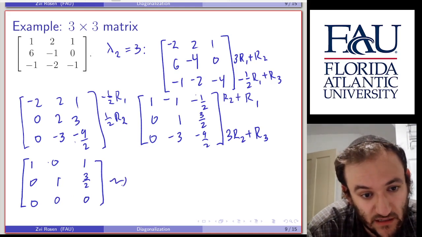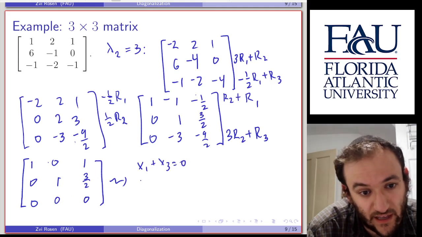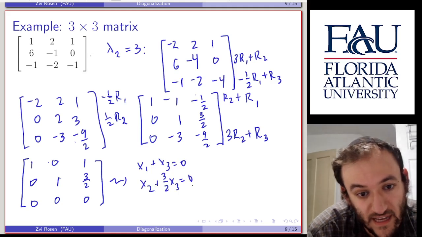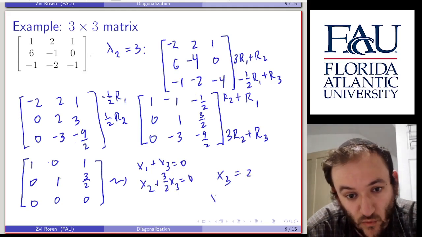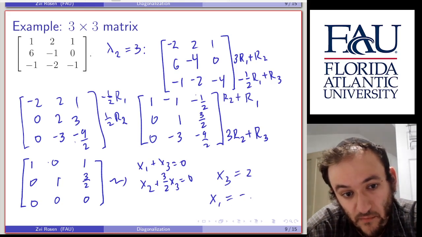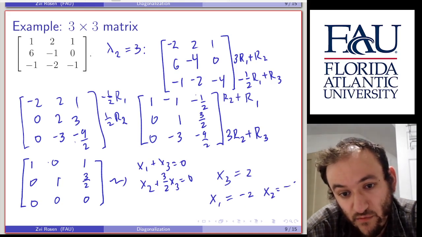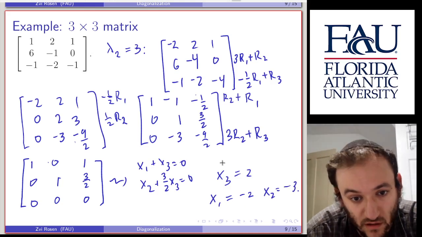And this gives us the equations x1 plus x3 equals 0 and x2 plus 3 halves x3 equals 0. So we'll set x3 to be 2, and then x1 is going to be minus 2, and x2 is going to be minus 3.